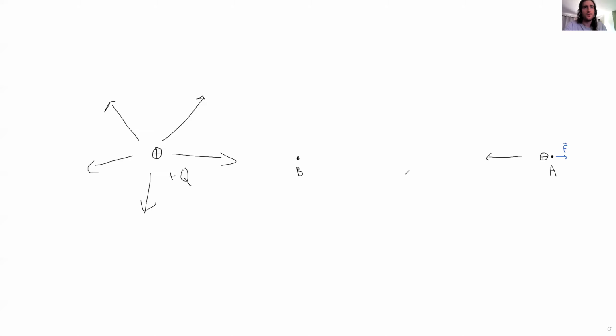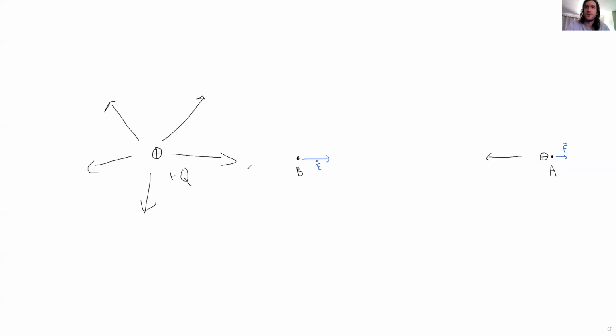So the electric field is pointing in that direction there, pointing in this direction here. Okay, and so there's two questions to really ask here. The first question would be like, how much work do I have to do to move this positive charge closer to the big plus Q? That's one question, right?